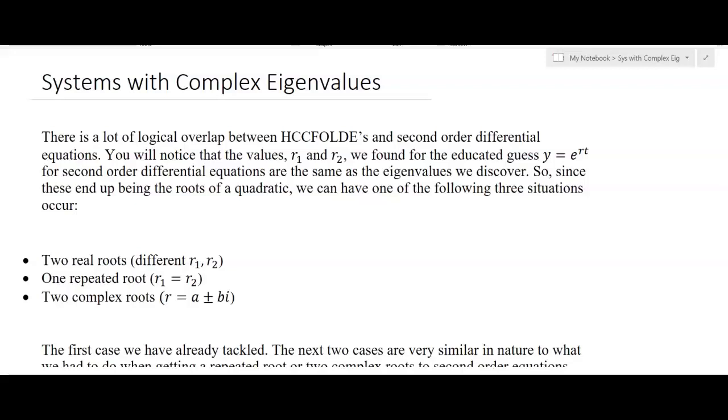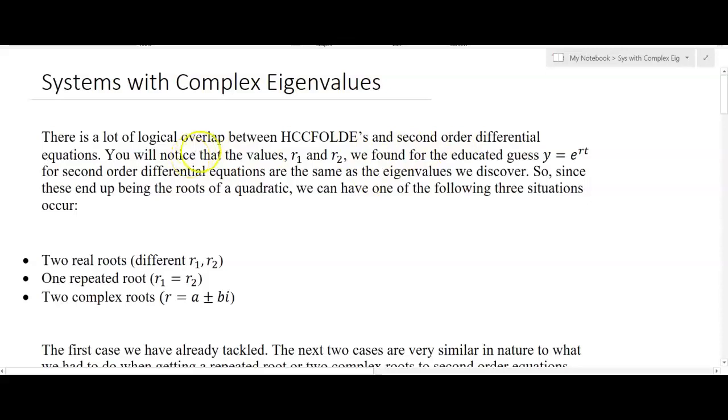Welcome back. In this video, we are now prepared to study systems with complex eigenvalues. Recall that we looked originally at homogeneous, constant coefficient, first-order linear differential equations and second-order differential equations.